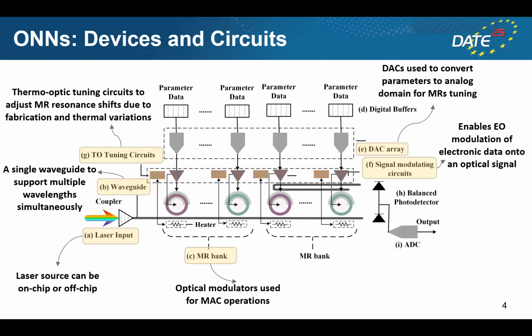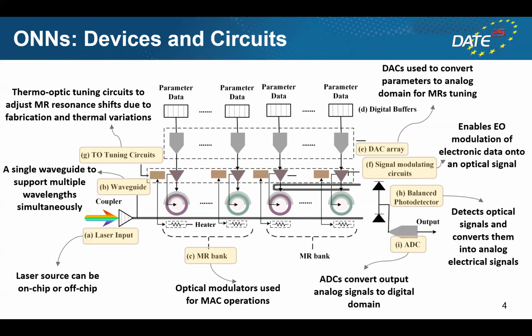We also have thermo-optic tuning circuits to adjust the MR resonance shifts that can happen due to fabrication and thermal variations. And the optical signal is then detected by a photodetector, which converts the signals into analog values that are then converted back to the digital domain using an analog to digital converter. So as you can see here, there are many components to an ONN.